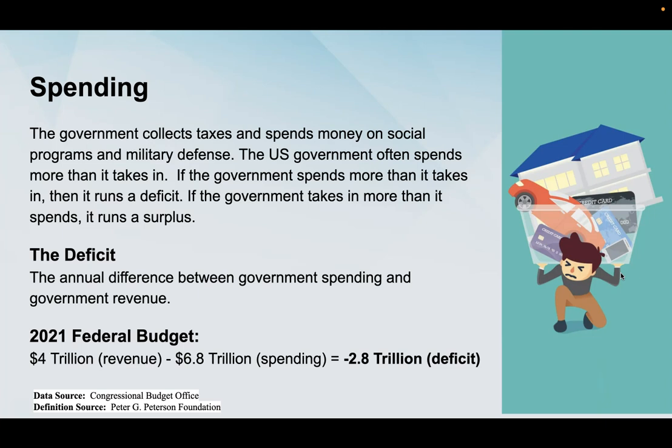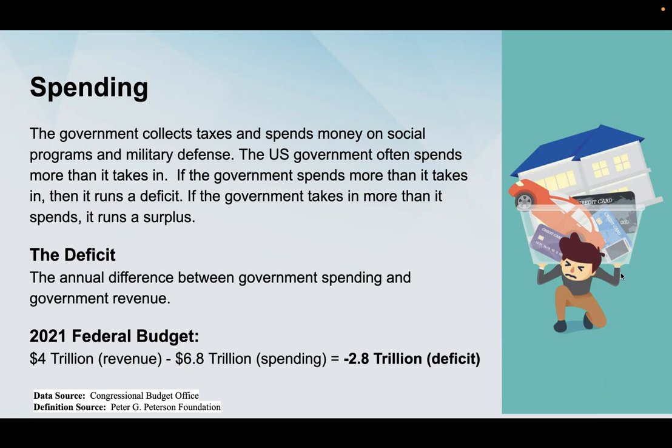So let's use 2021 as an example. In 2021, the government raised $4 trillion in tax revenue, but they spent $6.8 trillion. So they had a deficit of $2.8 trillion. That deficit is going to be the amount during that single year where they went over their budget. In other words, they were putting it on the credit card. That's the deficit. It's going to be a 1-year period of time.